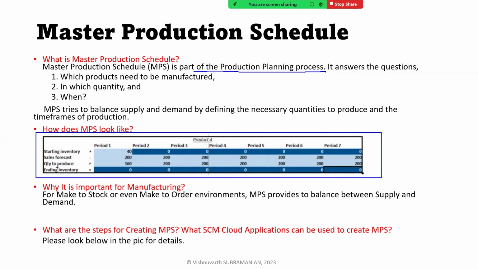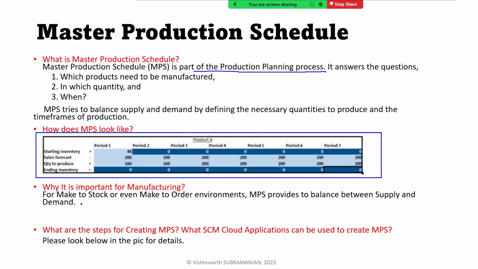How much quantity you want to produce, and what will be the ending inventory once you build that product. So this is a very high level table view of how an MPS looks. In Oracle Supply Planning Cloud, you can create a table similar to it with more details. So this is how an MPS looks, and why it is important in a manufacturing environment.